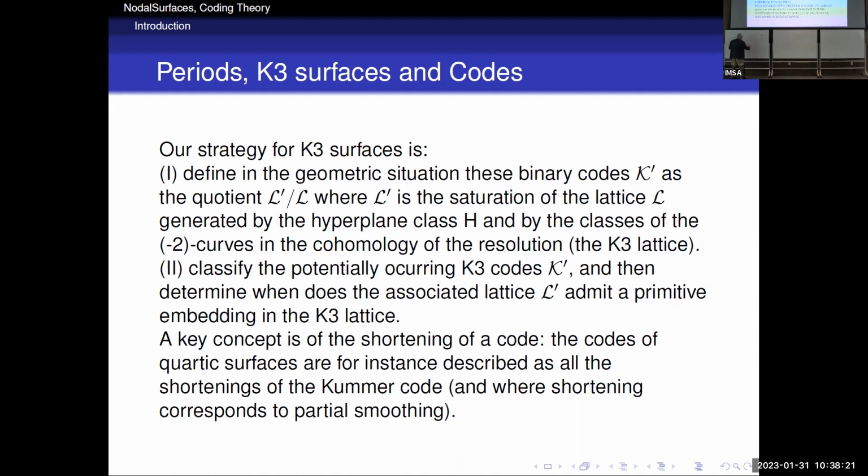which means it is L tensor Q intersected with H2 X tilde Z. So there are elements which are integral, but only a multiple is in L. So L prime is primitively embedded.